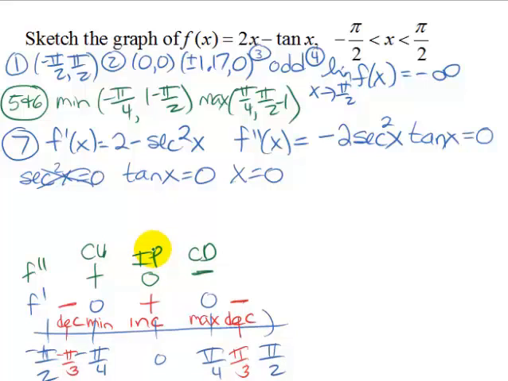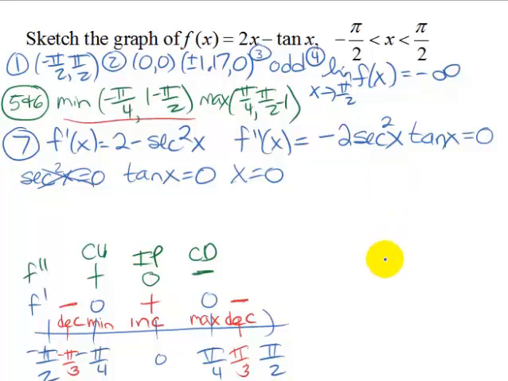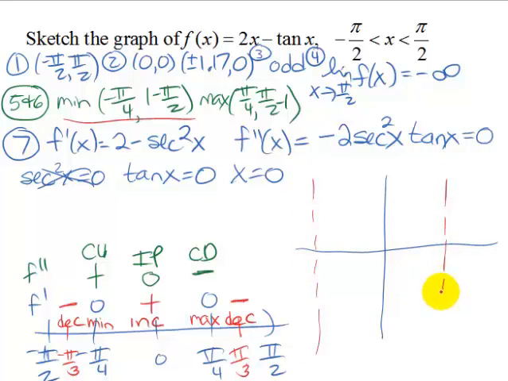All right, we have all the pieces, so we are ready to sketch this graph. So we'll make our axes here, and let's go ahead and make vertical asymptotes at the ends of our interval, -pi over 2 and pi over 2, because we know they are going to be going towards -infinity or infinity.